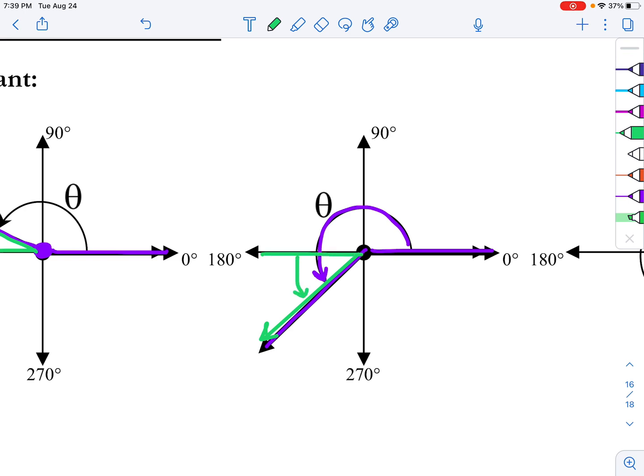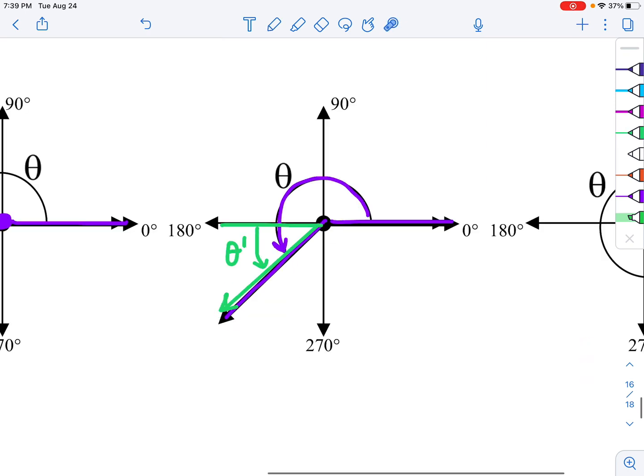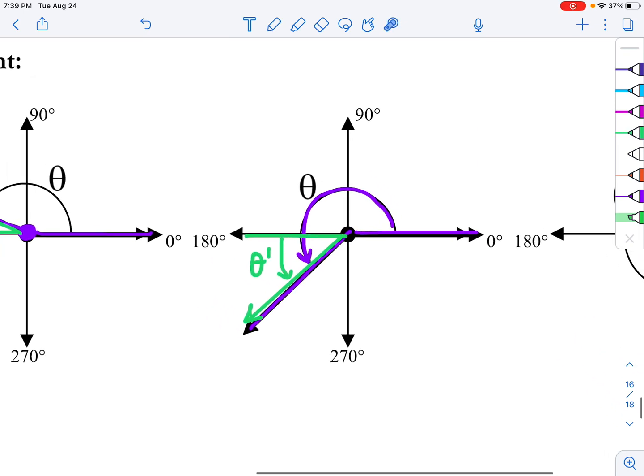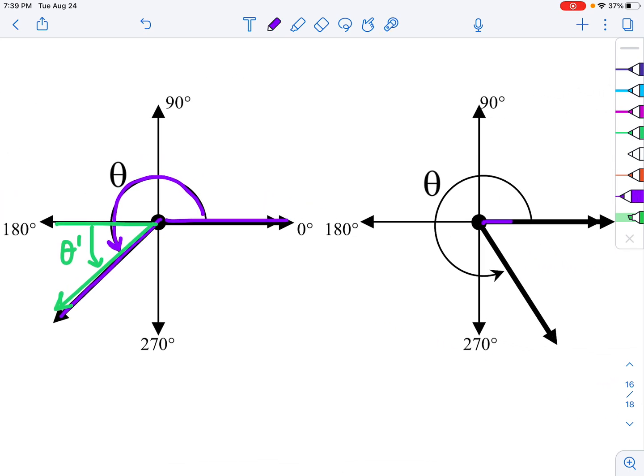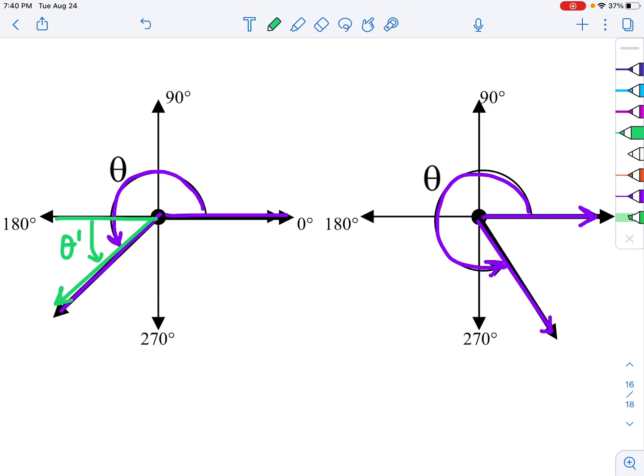Notice in the third quadrant, the reference angle is kind of nestled into the original angle. And the last one is what happens if our angle theta rotates all the way around to the fourth quadrant here. Again, terminal side, nearest x-axis, here is our reference angle.